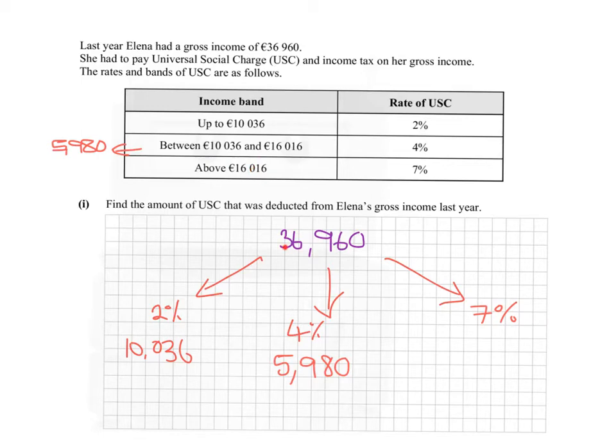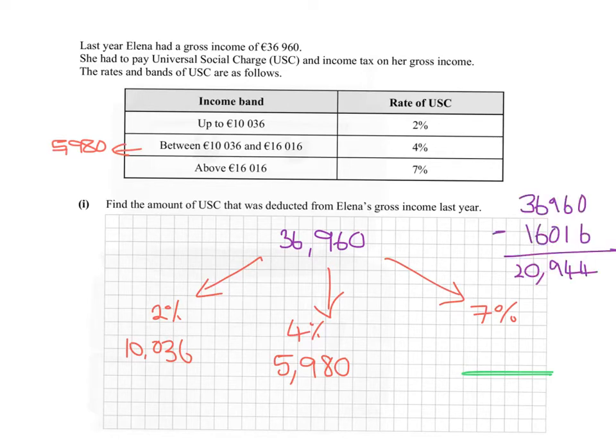Okay, now her gross income is 36,960. We know that this number, and the number over here that we don't know yet, has to add up to 36,960. So to find out what this number is, we're going to take 16,016 away from 36,960.